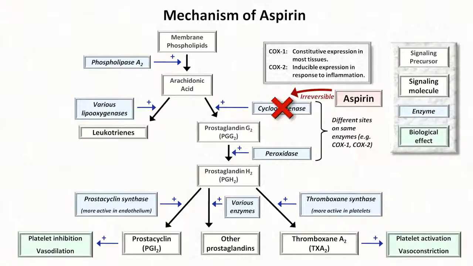At low doses of 75 to 100 mg per day, aspirin acts primarily on cyclooxygenase 1, which inhibits platelet generation of thromboxane A2. The consequence is a modest, generalized antithrombotic effect. At higher doses, such as above 325 mg, aspirin acts on both cyclooxygenase 1 and 2, leading to an anti-inflammatory effect. This is the reason for the significant dose dependence of aspirin's clinical effects.